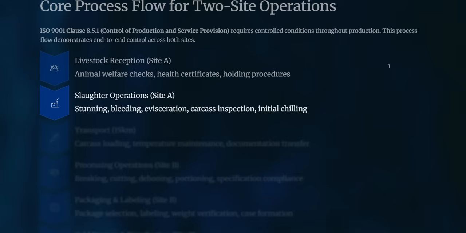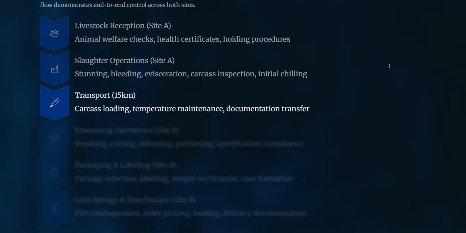The third process that we need to map is the transport, 15 kilometers from site A to site B. When we are mapping this, we must also map the carcass loading, the temperature maintenance, and the documentation transfer.